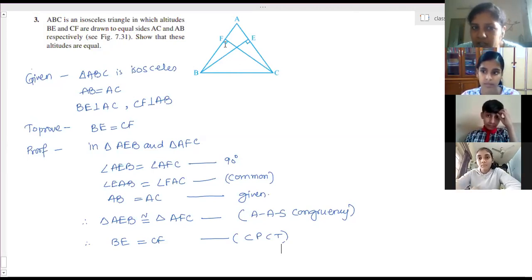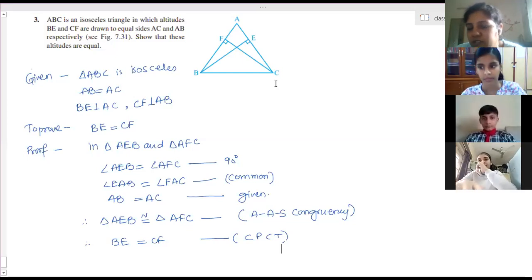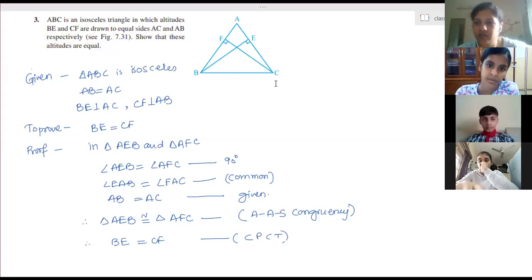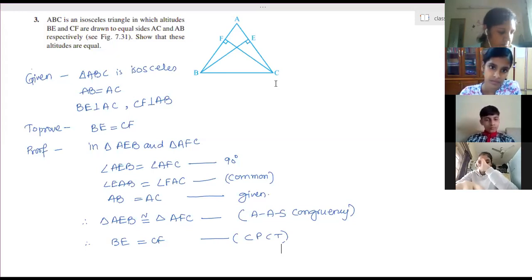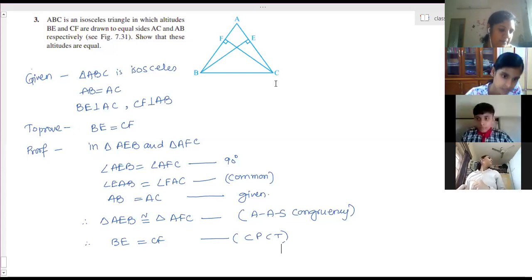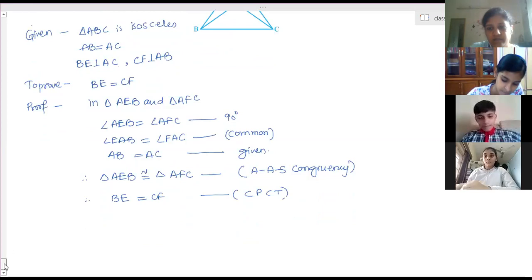Angle F and angle E are 90 degrees, and BC is the common side. So by AAS criteria, again the two triangles are congruent. Therefore BE is equal to CF by CPCT. So you can solve this by two different methods, right? Completed? Yes, ma'am.